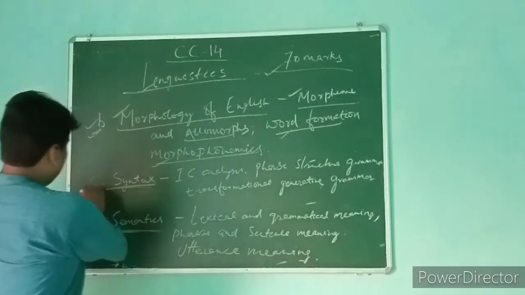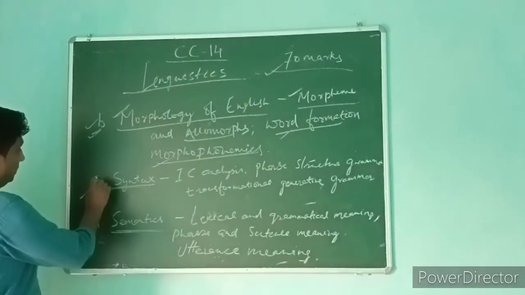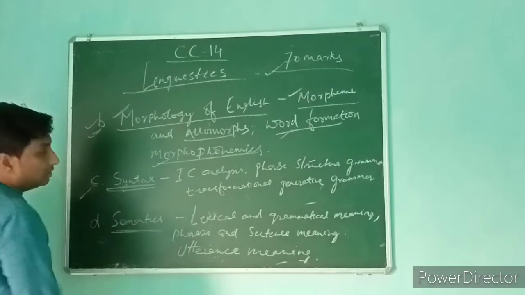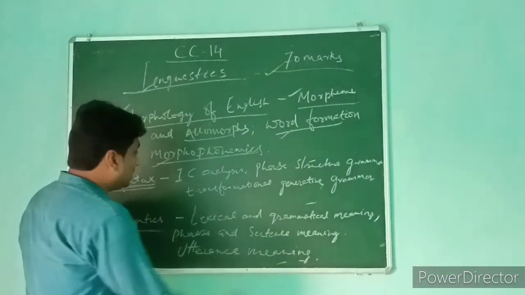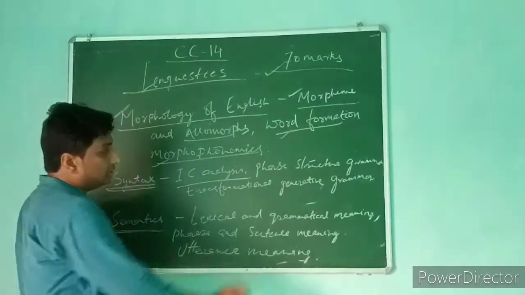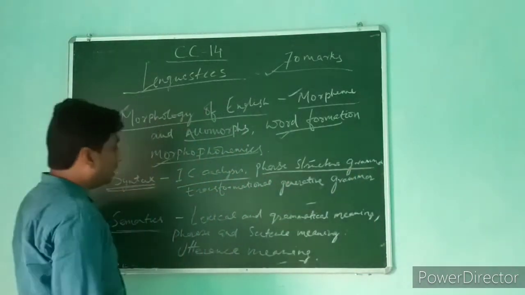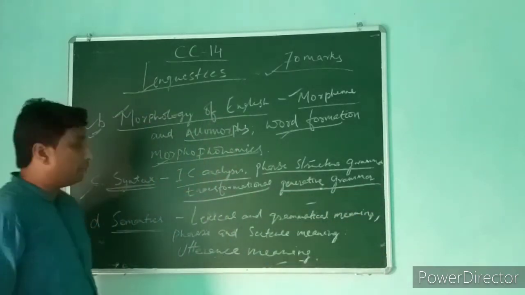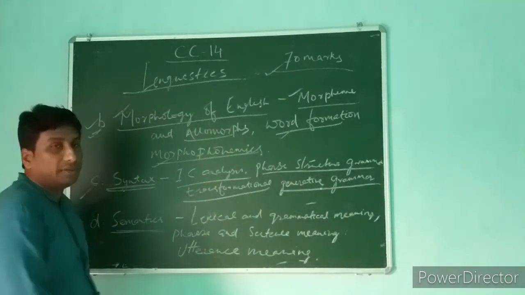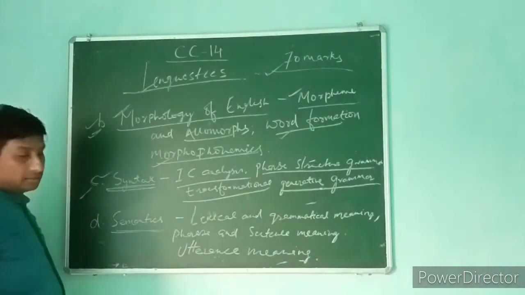The other one is subtopic C, which is syntax, and within this subtopic the key concepts that we have to study are, the first one is IC analysis, the second one is phrase structure grammar, the third one is transformational generative grammar. These key concepts we have to study within syntax, right?